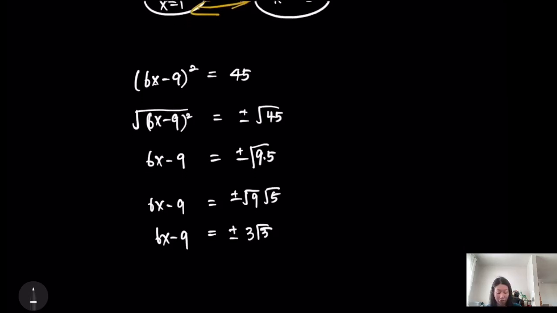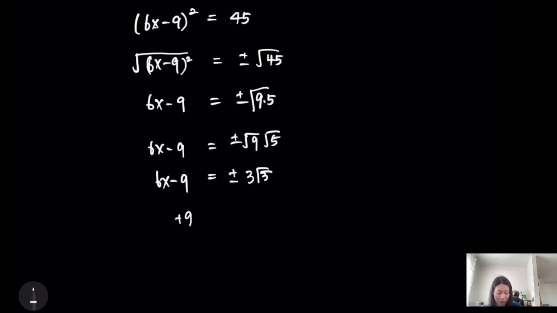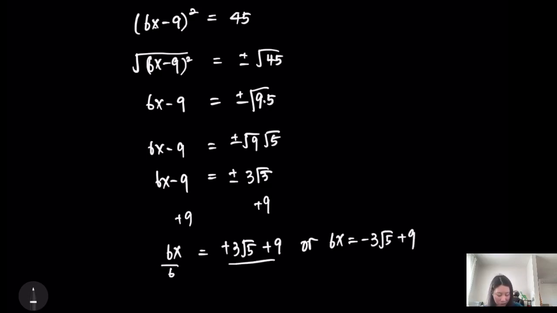Now I can solve for x by adding 9 on both sides. I have 6x equals positive 3 times square root of 5, plus 9, or 6x equals negative 3 times square root of 5, plus 9, and then divide by 6 on both sides.